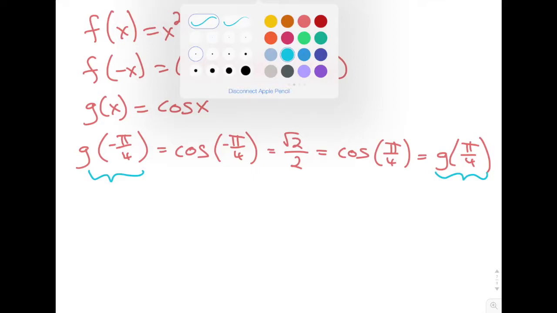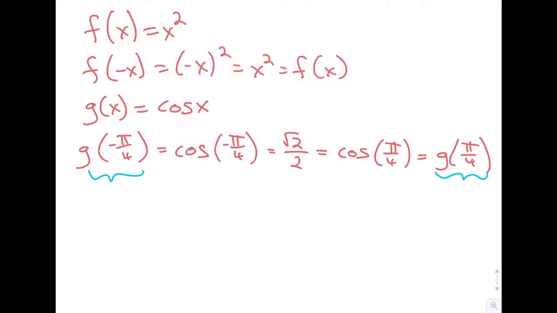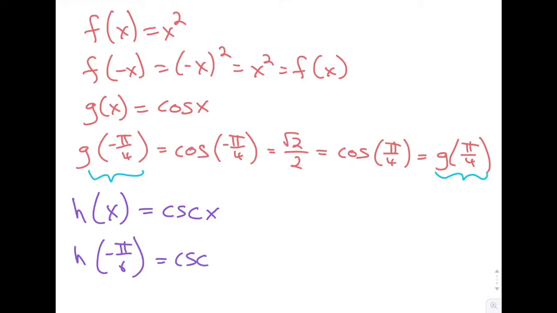How about h of x equals cosecant of x? Let's try h of negative pi over 6. So this is cosecant of negative pi over 6. And that should give us 1 over negative 1/2, which if we factor out the negative, is negative 1 over 1/2.